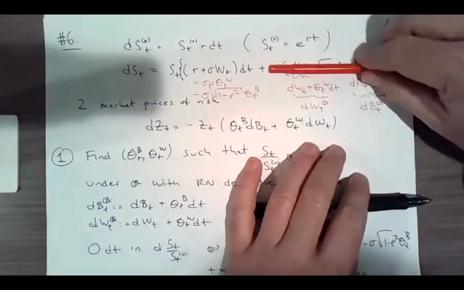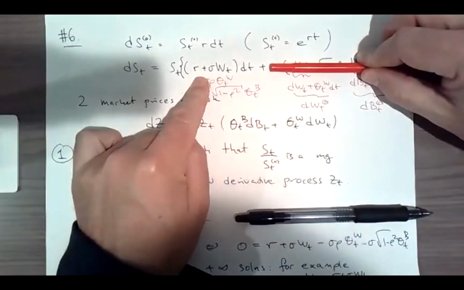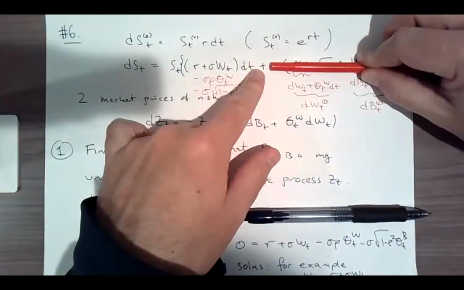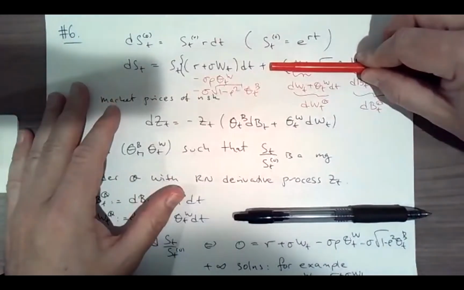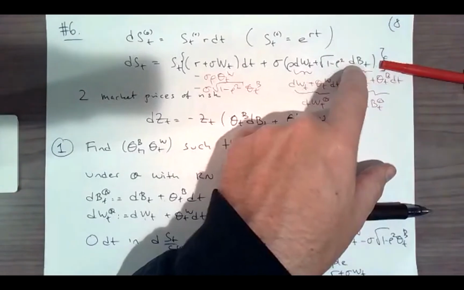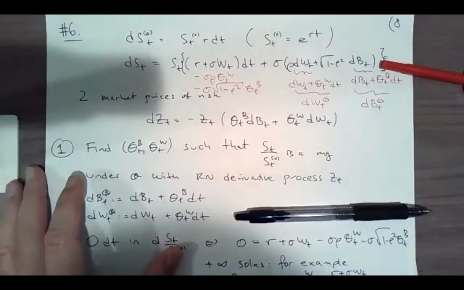Had this part not been there, this would have been something you could have been taught in that class too. You have dS is equal to S times something dt. This is going to be an exponential. But now we have a dv over there, right? That's different. You've probably not seen that in a differential class on ODE.